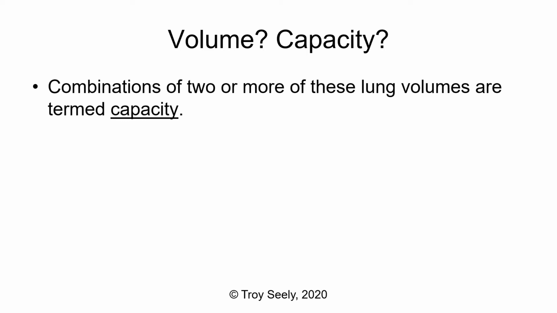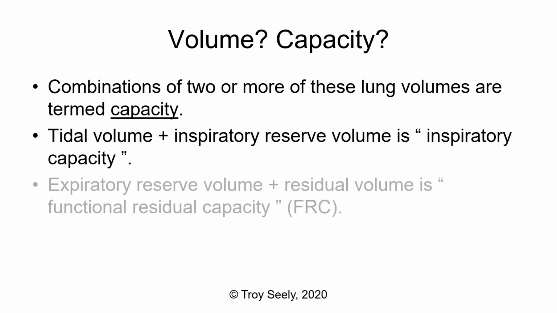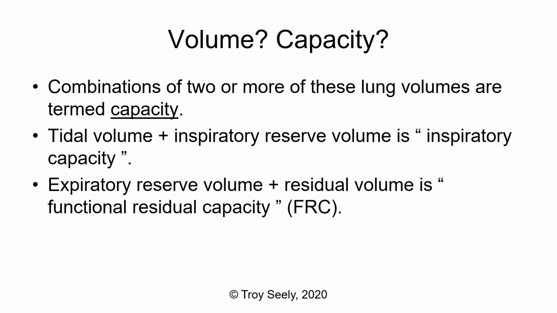So a capacity that can be measured, for example, would be the inclusion of tidal volume and inspiratory reserve volume. This is termed inspiratory capacity, or basically how much you can bring in as a whole. Your expiratory reserve volume and your residual volume is termed functional residual capacity.